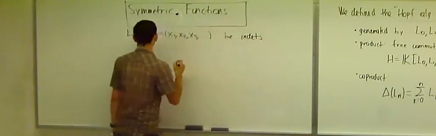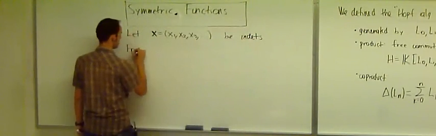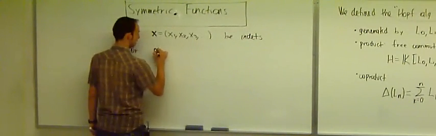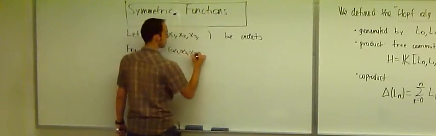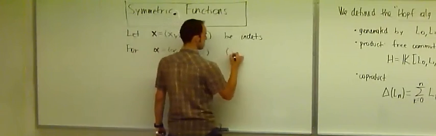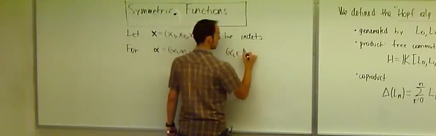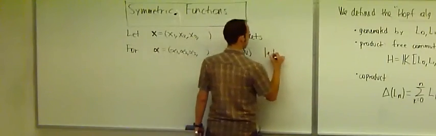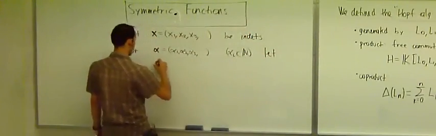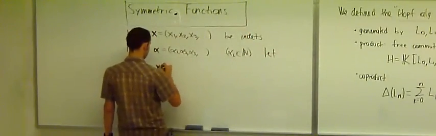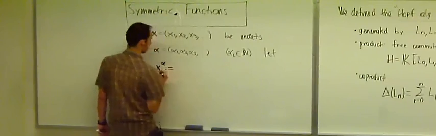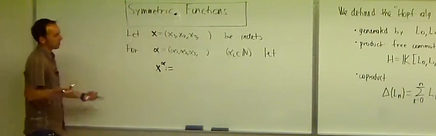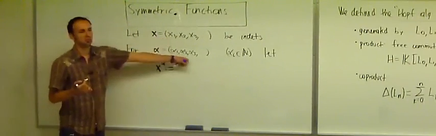Okay. And now, whenever you have a vector alpha of natural numbers, then you can define a monomial x to the alpha. Okay? And what that's going to do is it's just going to use these as exponents for the variables.